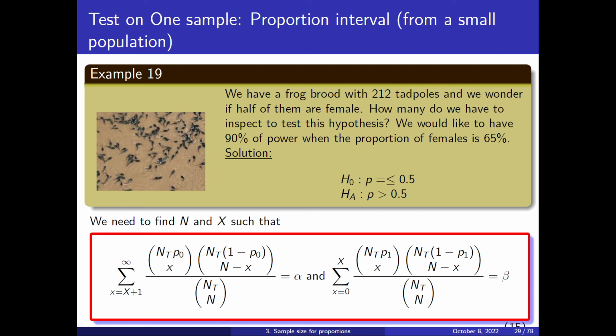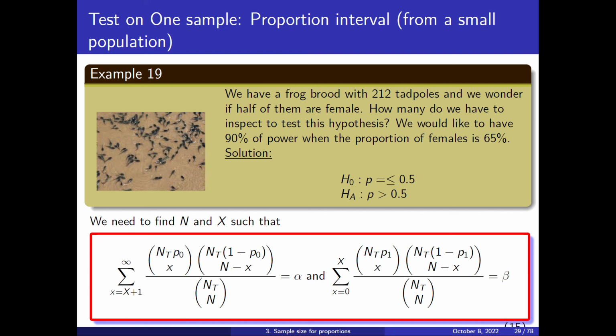So we wonder if half of them are female. How many of these 212 do we have to study to inspect this hypothesis? And we would like to have a 90% power when the proportion of females is 65%. So our alternative hypothesis is that the proportion is larger than 50%, and if it reaches 65% or beyond, we want to already have a power of 90%.